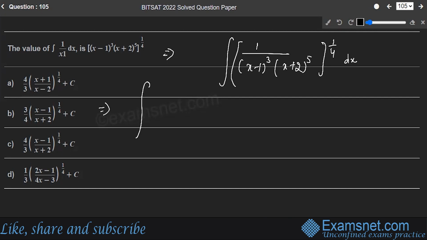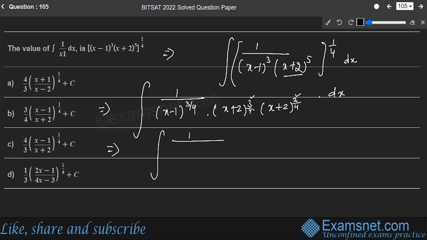Now this can be written 1 upon x minus 1 raised to power 3 by 4 into x plus 2. I am going to split it, 3 by 4 and this will be 2 by 4. Okay, hope you got that. I have split this x plus 2 raised to power 5 into x plus 2 raised to power 3 and x plus 2 raised to power 4.